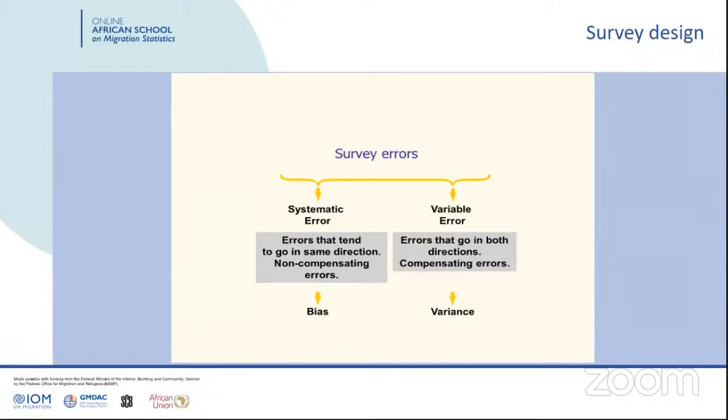And the nice thing with variable errors is that when we add them up over a larger group of people, those errors tend to cancel out. So when we calculate, for example, the average height of a group of people, this average will be close to the true value. So that is a big difference between bias and variance. Bias is much more difficult to handle than the variance.